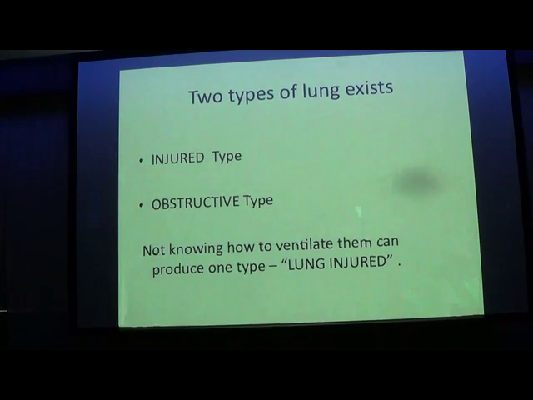What I am saying is there are only 2 types of lung in this world: one is the injured type of lung, the other is the obstructive type of lung. If there are 2 kinds of lung, then we need only 2 types of ventilation. Simple, okay? Not knowing how to ventilate them can produce ultimately one type: you can injure the lung, right?